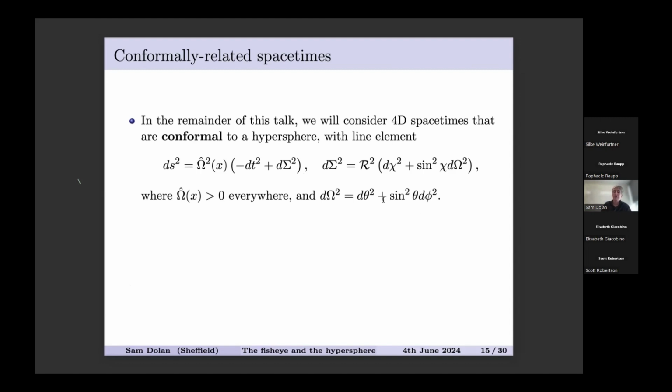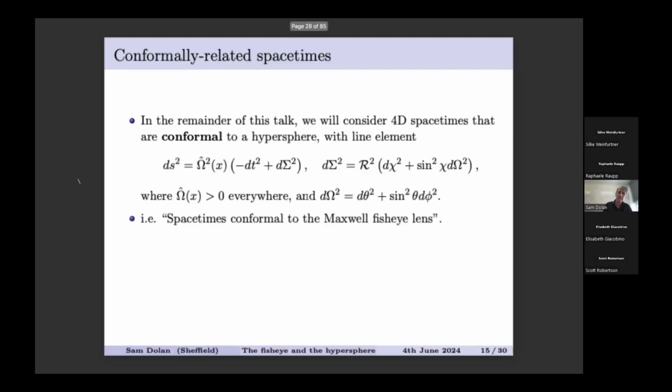So in the remainder of this talk, I'd like to now think about curved spacetimes that take a very particular form, basically the form of a hypersphere with this line element, put together with time in the most trivial way, but then multiplied by some conformal factor here, omega hat. And we need the conformal factor to be non-zero everywhere and positive.